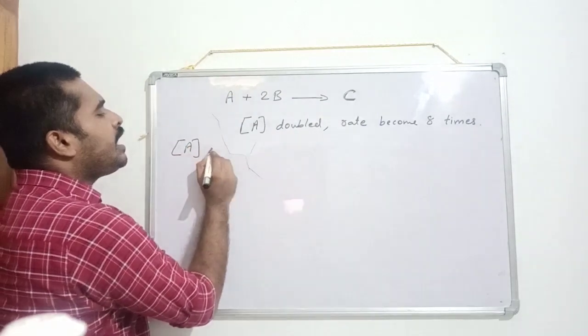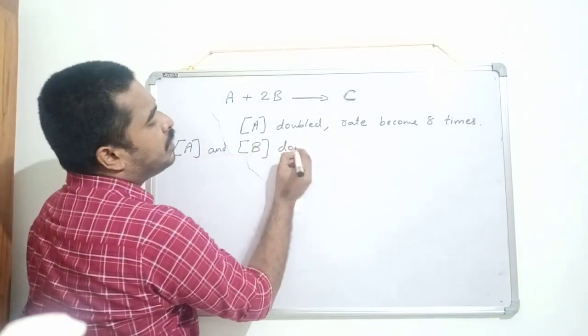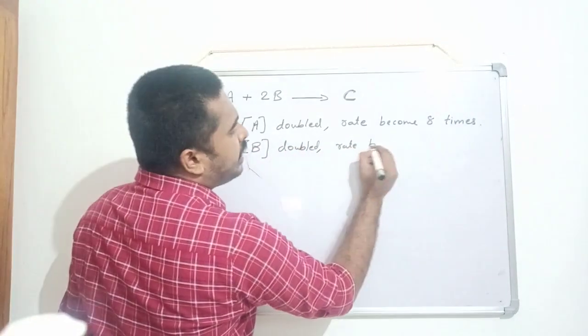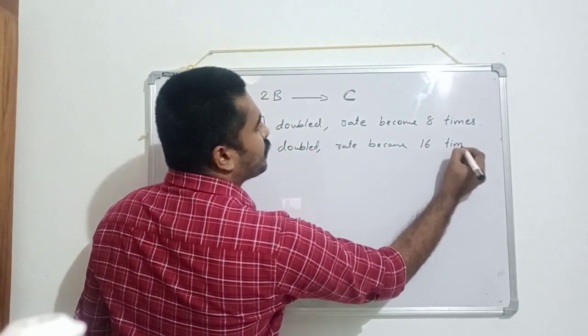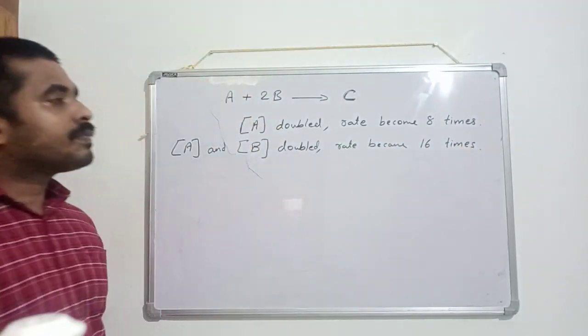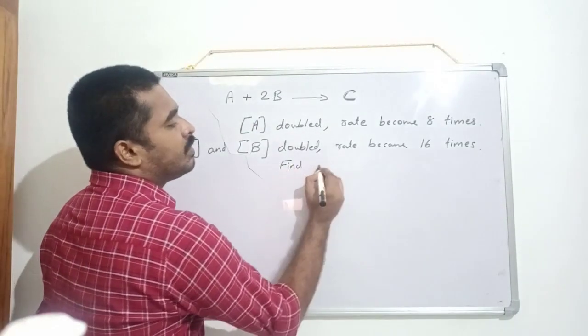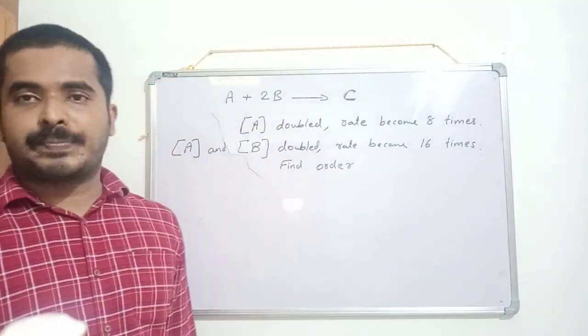When the concentration of A and the concentration of B were both doubled, the rate became 16 times. Find the order. That is our question. Let's see.